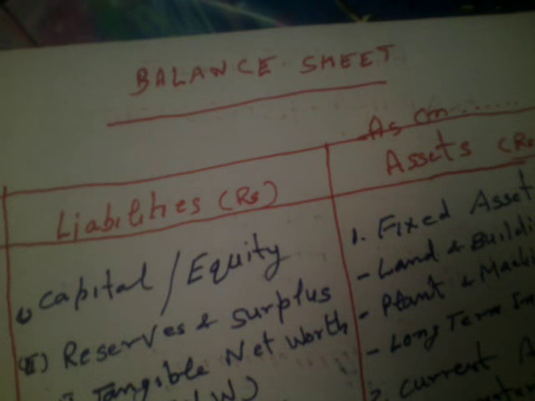Only thing we have to understand is, if we call it a statement of assets and liabilities, liabilities you take on the left side and assets on the right side. Liabilities will tell us the sources from where the funds have come, and assets will tell how and where the funds have been used.